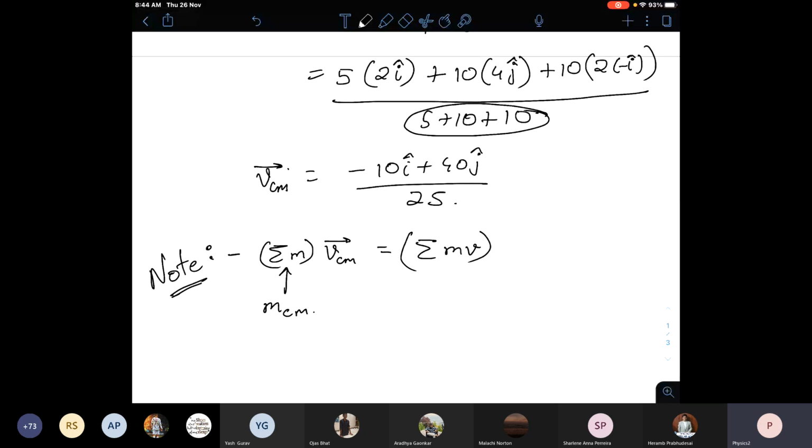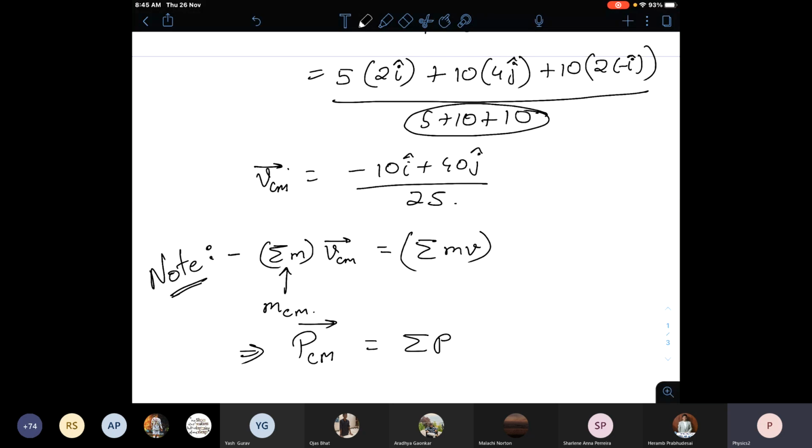Now if it can be replaced like this, the left hand side is representing the momentum of center of mass, which is equal to the summation of individual momentums.